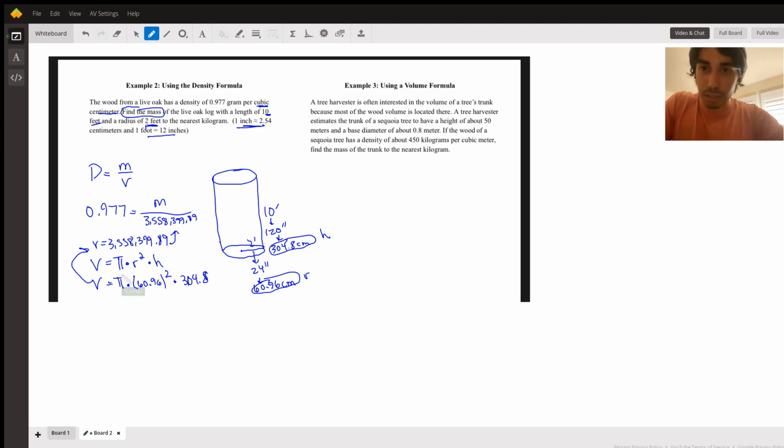And again, that number came from using the formula to get the volume of the cylinder, that log from the problem. Okay. Last thing you're going to do is multiply that over to the other side, and you'll get the M all by itself. So you'll multiply 0.977 times that 3 million number.